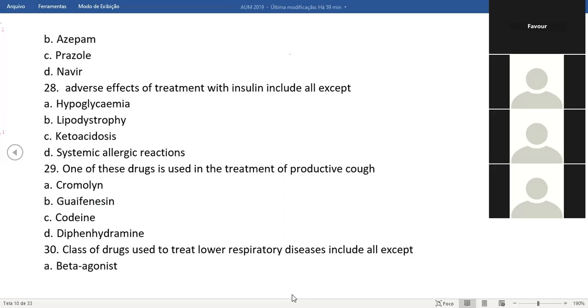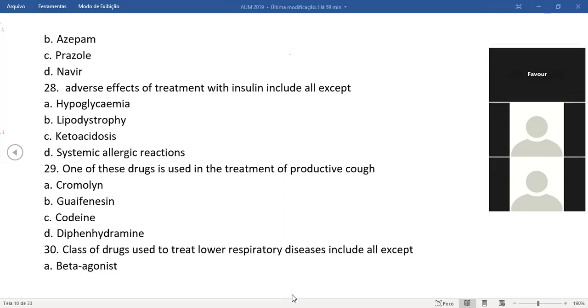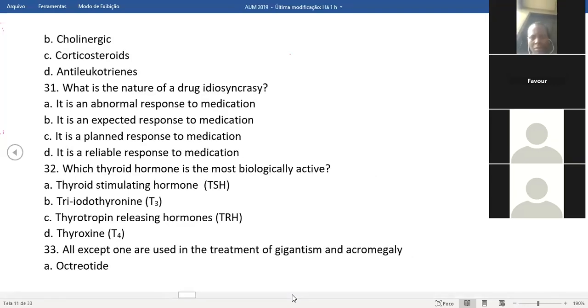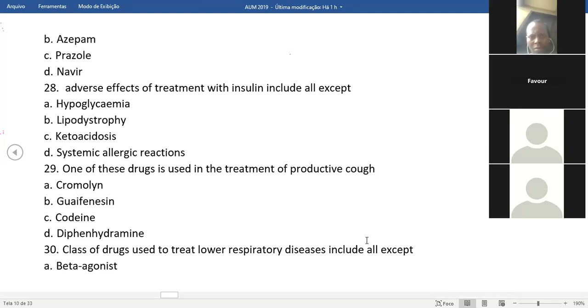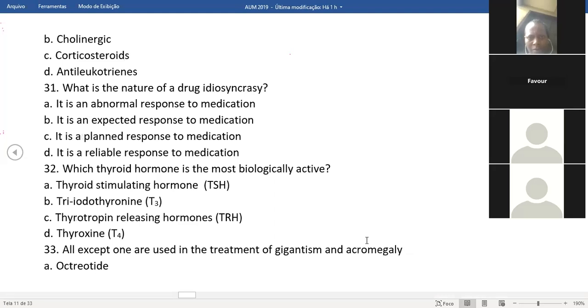Classes of drugs used to treat lower respiratory diseases include all except A, beta agonist, B, cholinergic, C, corticosteroids, D, anti-leukotrienes.